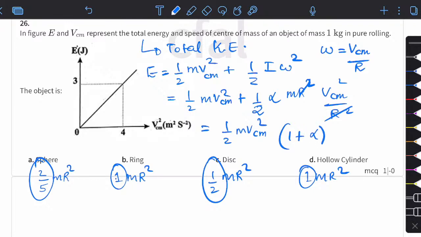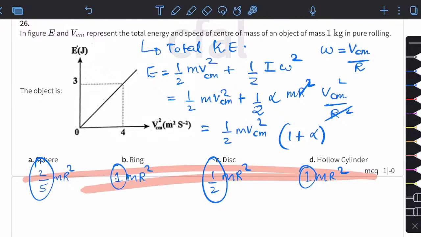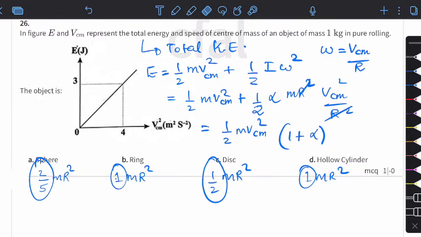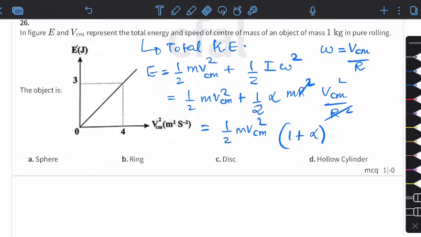Alright, so now let us look at the graph. In the graph, you are given E versus Vc squared. So if you are given a Y versus X graph, the slope of the graph is what we call m, and that here will be everything other than v squared. I hope you see that.